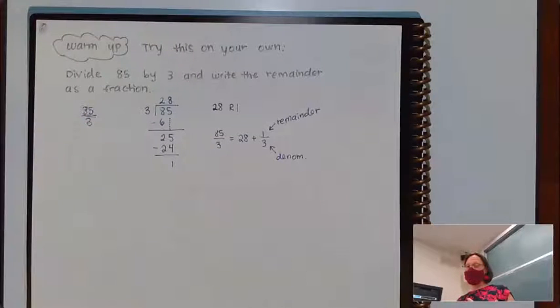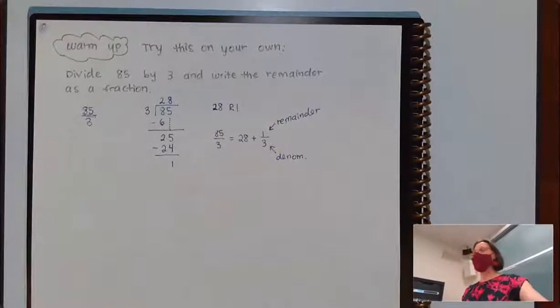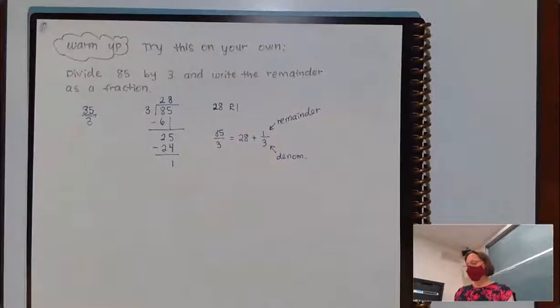Before we move on to doing this with polynomials, are there questions about how I did this with numbers? That happens, right? And so that goes back to having your multiplication facts memorized and having them super quick is so helpful in this section and also in chapter 5.